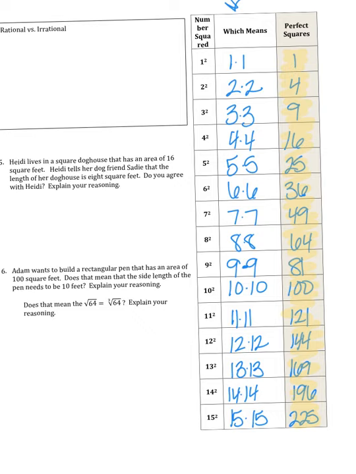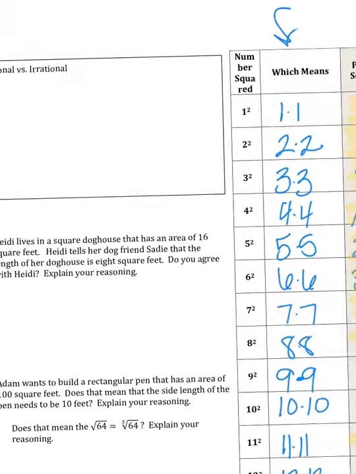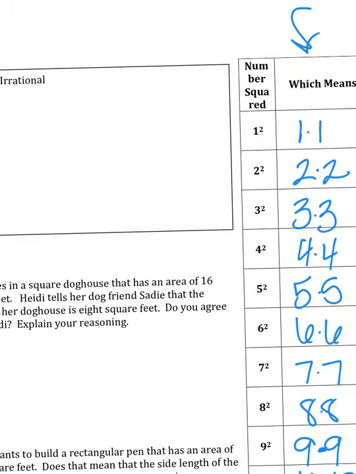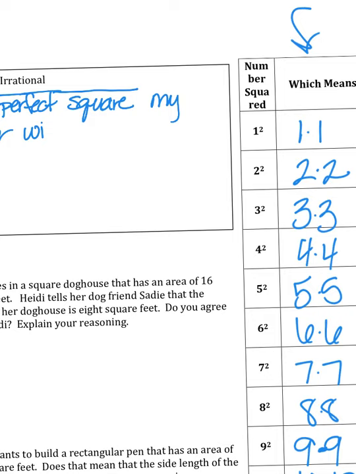And what that means is that when I square root a perfect square, I am going to get a rational number. So I'm going to write some notes in this box up here. If I square root a perfect square, so if the number underneath the radical is a perfect square, my answer will be rational.